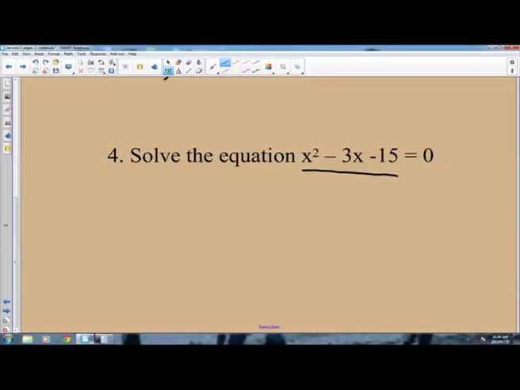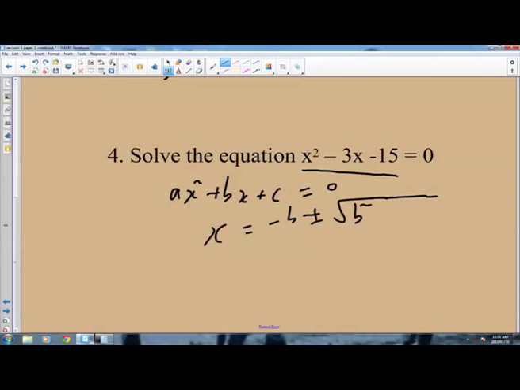And then what does the quadratic formula say? It says given the expression ax squared plus bx plus c equals 0, then the value of x will be minus b plus or minus the square root of b squared minus 4ac, divided by 2a.